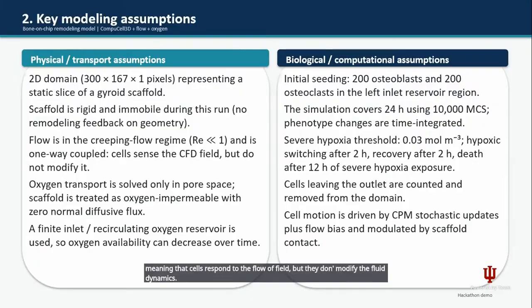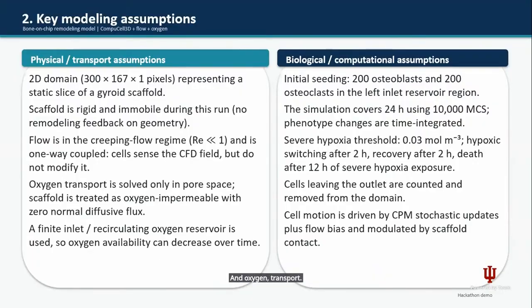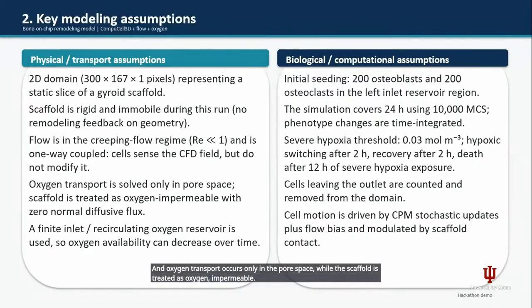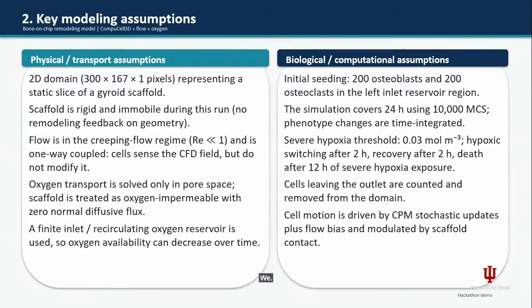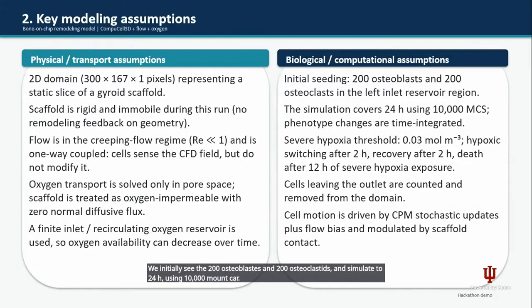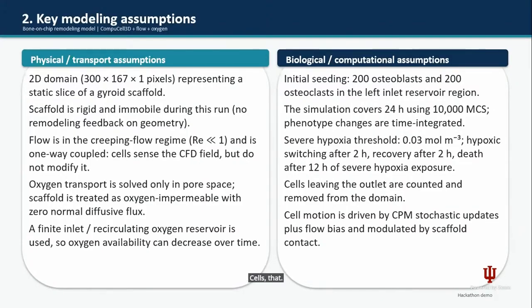And oxygen transport occurs only in the pore space, while the scaffold is treated as oxygen impermeable. We initially seed 200 osteoblasts and 200 osteoclasts and simulate 24 hours using 10,000 Monte Carlo steps. Cells that reach the outlet are counted and removed from the domain.